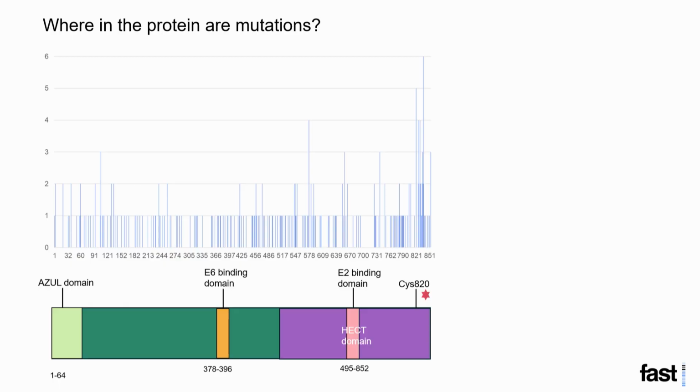You can see little blue lines throughout the entire protein. But if you look towards the end of the protein, around the 800s, where that key spot is where ubiquitin binds, you can see more blue there and higher blue lines. That means there are more mutations affecting that part of the protein. That part of the protein is very important, and so that's what we see there.